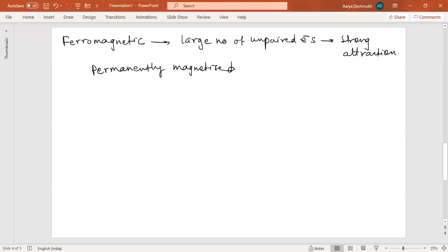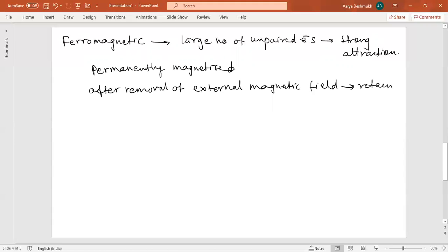Means even after removal of external magnetic field, still they show magnetism. After removal of external magnetic field, they retain their magnetism. Retain magnetism. So this is the main difference between the ferromagnetic and paramagnetic. In both the cases, they contain unpaired electrons.